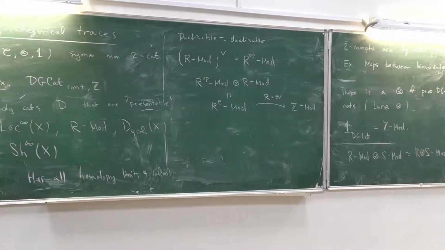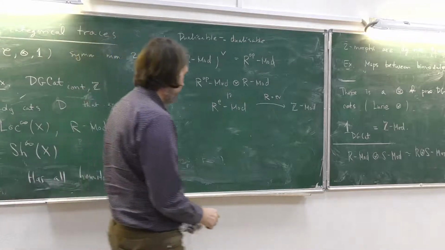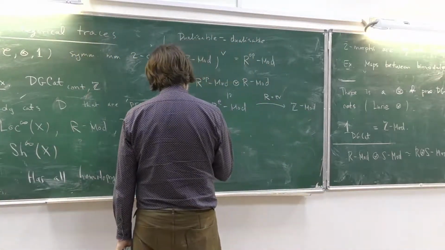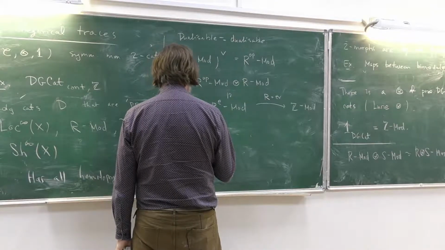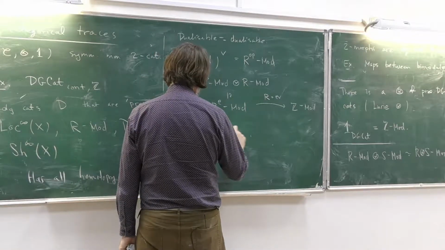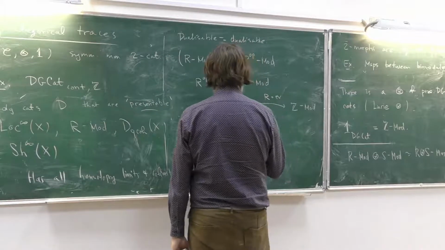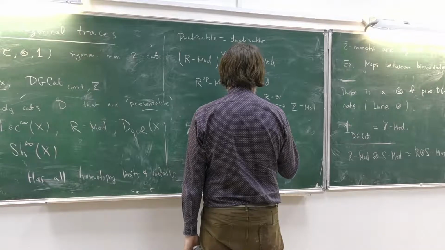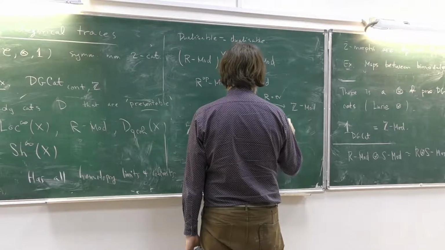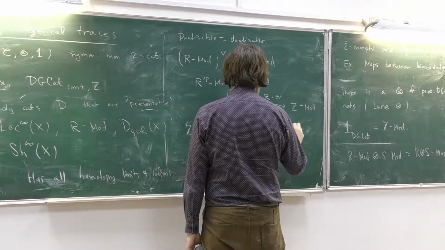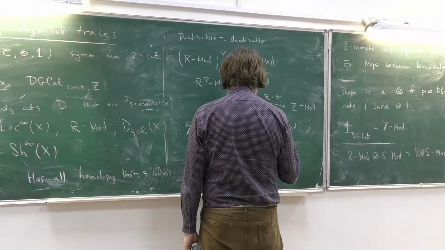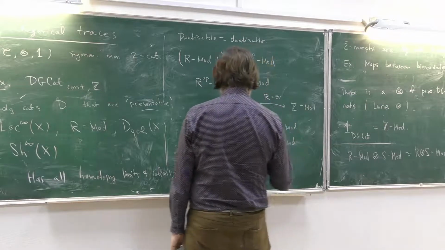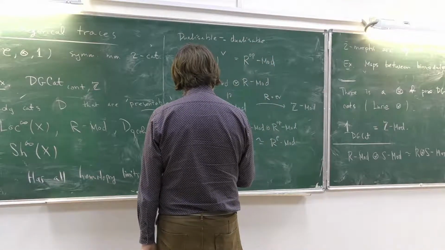And the co-evaluation is kind of similar. So the co-evaluation is supposed to go the other direction. But I'll tell you what it is after a twist, right? So after the twist, it's also given by a bimodule.